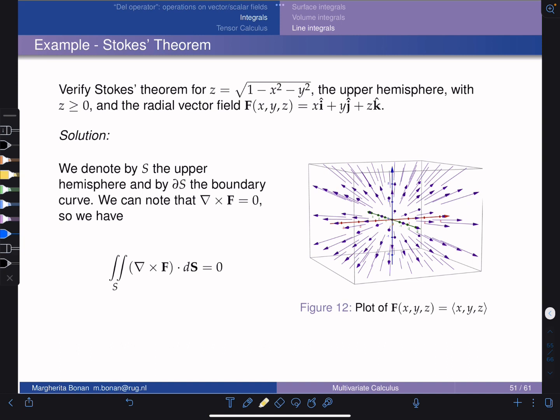We can note this as at any point there is no rotation occurring. The divergence is positive at any point here, but the curl is 0. So we can write that the right hand side of the formula that we saw before in the theorem is 0.